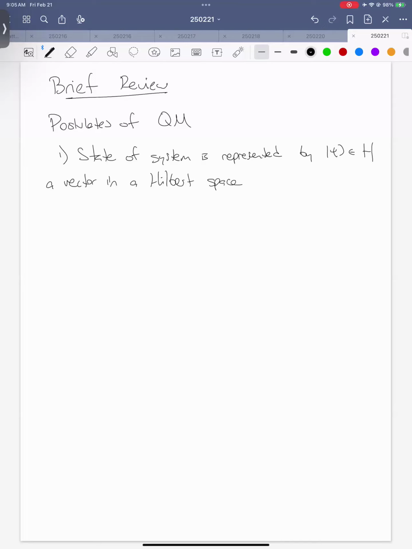And we said that a Hilbert space is a complete inner product space. We went through that in some detail the last time. I don't want to necessarily go through that again, but if there are any questions, I'm happy to field them.